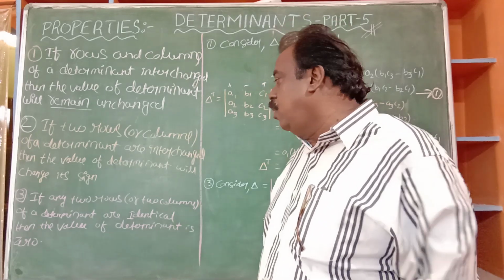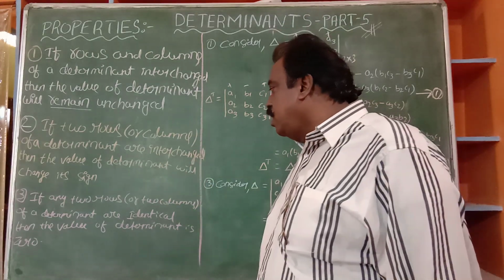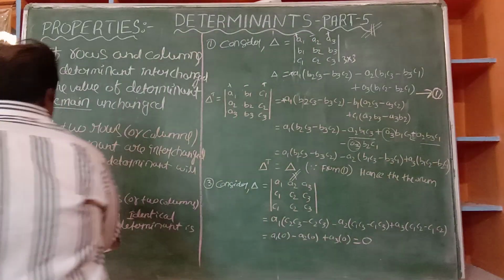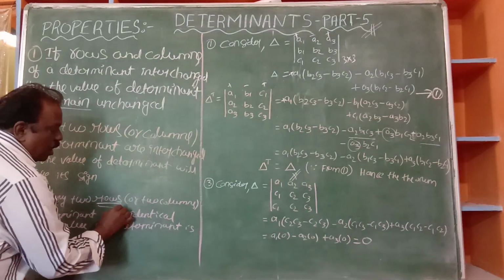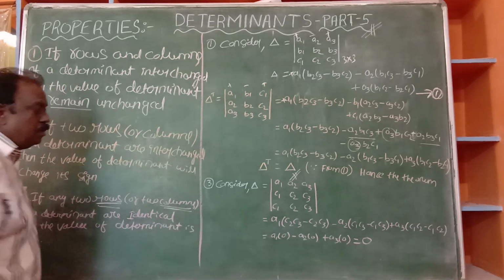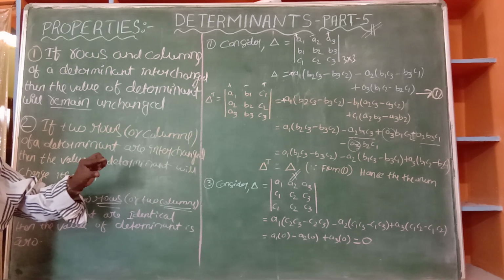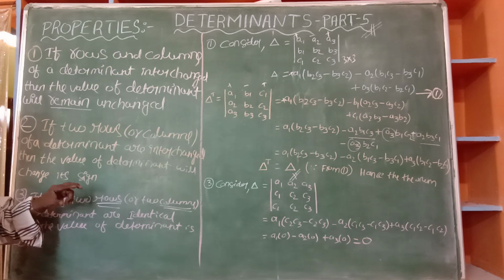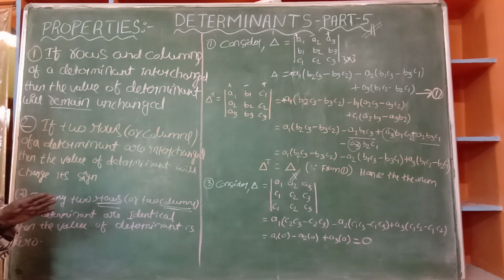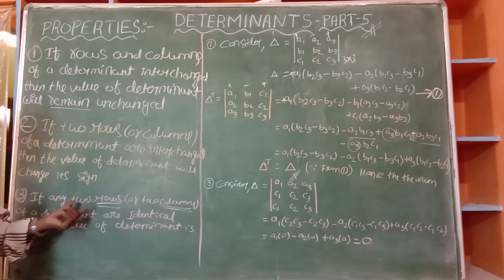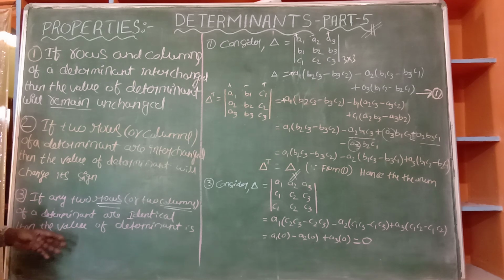It will become 0. Identical means all the elements in the rows, or the columns also, which we are considering, must be the same. Then the determinant value is 0.